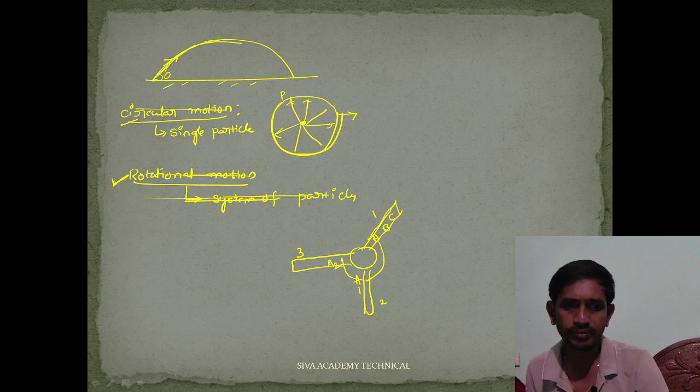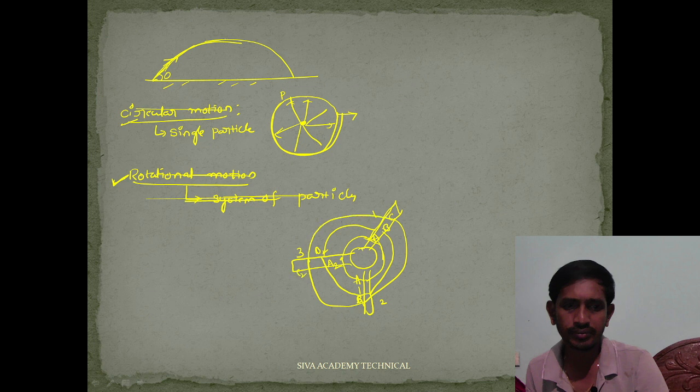So the first particle follows the path A to A1, A1 to A2. Similarly, the second particle follows the path B to B1, B1 to B2, and the third particle follows the path C to C1, C1 to C2.